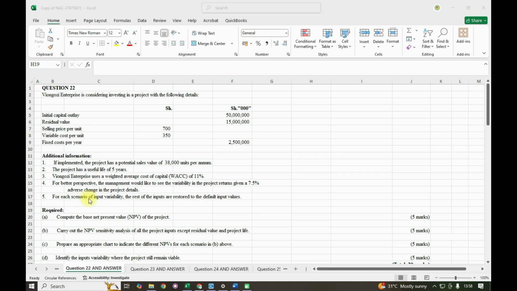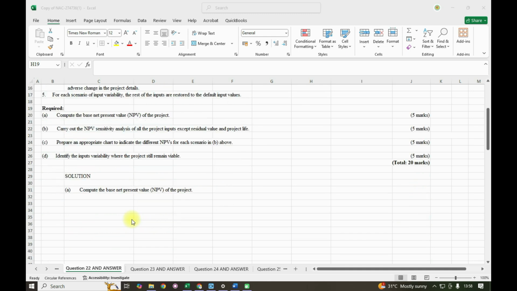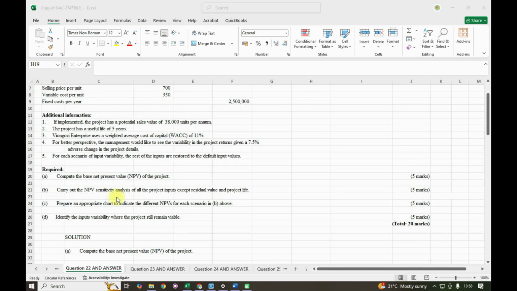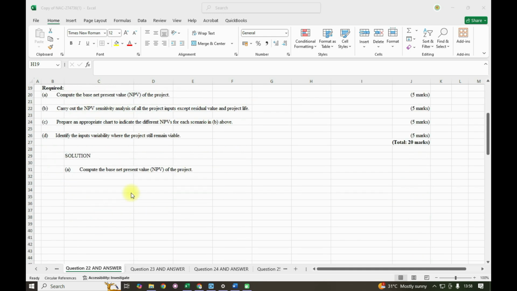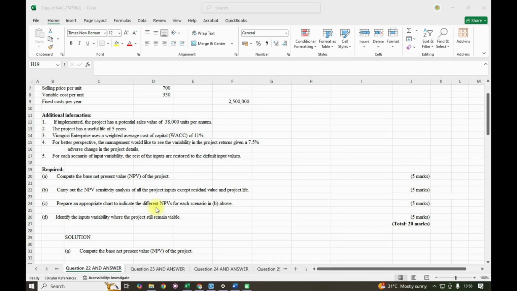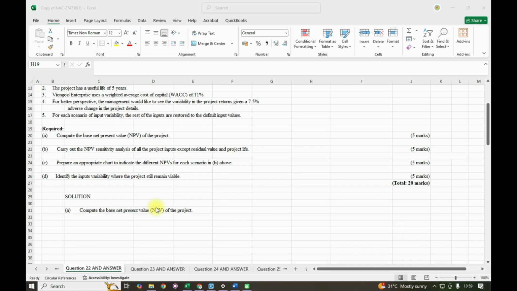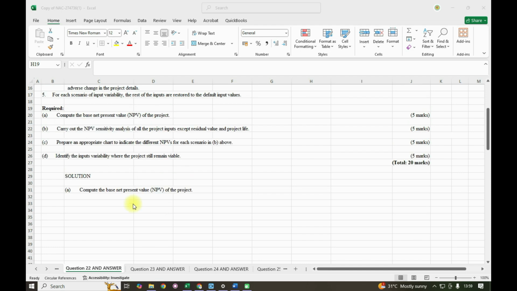For each scenario of input variability, the rest of the inputs are restored to the default input values. So you are required to compute the base case net present value. So that's what we shall start with, the base case net present value, for a period of 5 years.